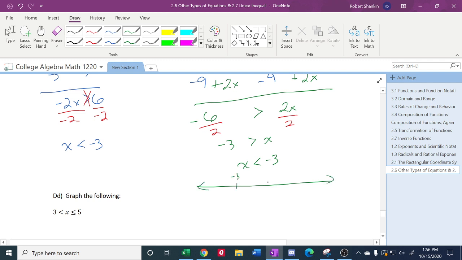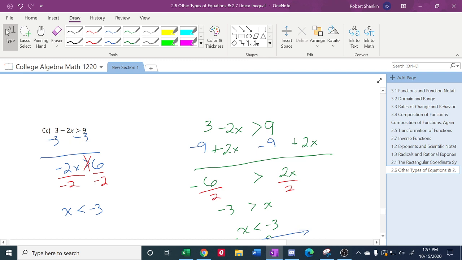Wherever -3 is, it's everything to the right of that. I can immediately visualize that. I can't visualize when it's said backwards. So we always state our final answer with the x first. And notice I get exactly the same answer either way I did it.